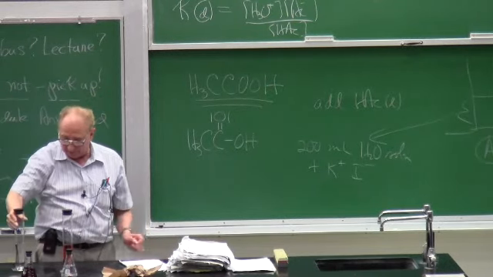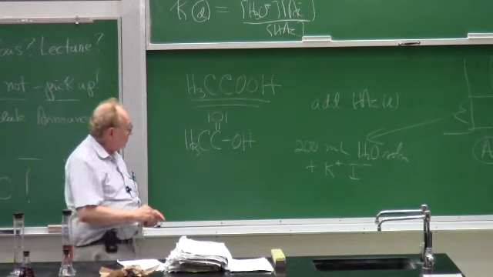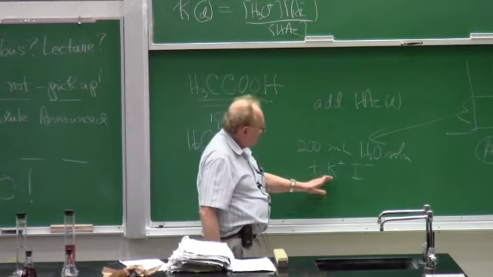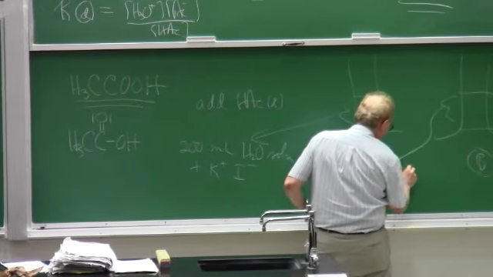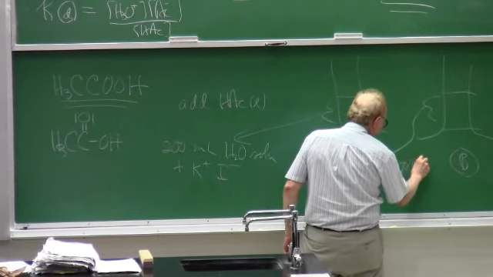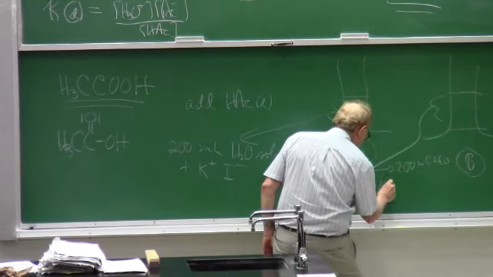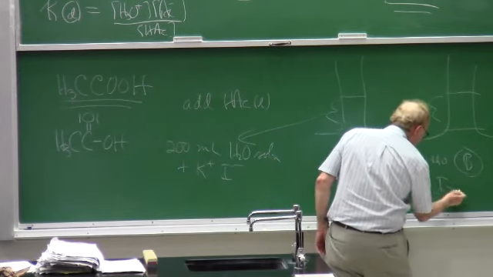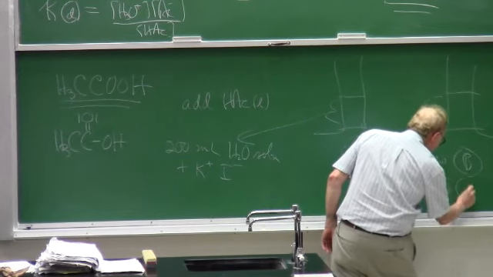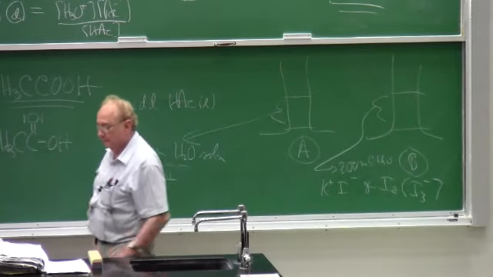I'll tell you why in a moment. In B, in addition to my water and my potassium iodide, I also have I2. Now in the main, the I2 is in there as I3 minus, which shows you this color.